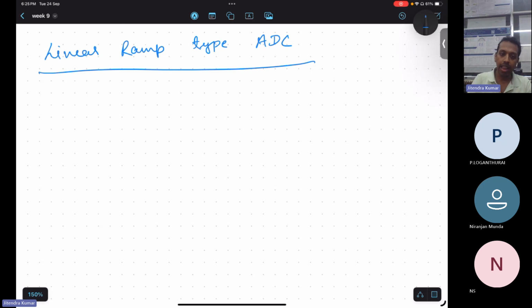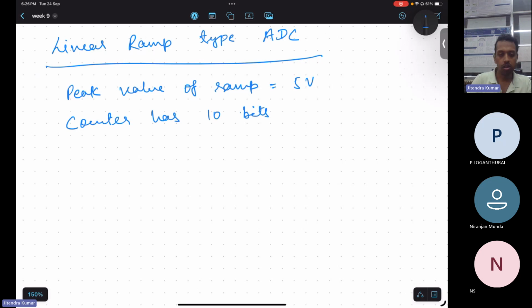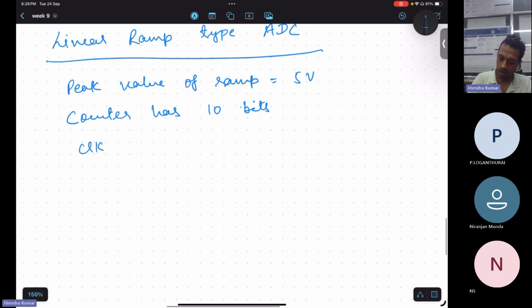A linear ramp type ADC has the peak value of the ramp equal to 5 volt. The counter has 10 bits and is driven by a clock frequency of 20 kilohertz.